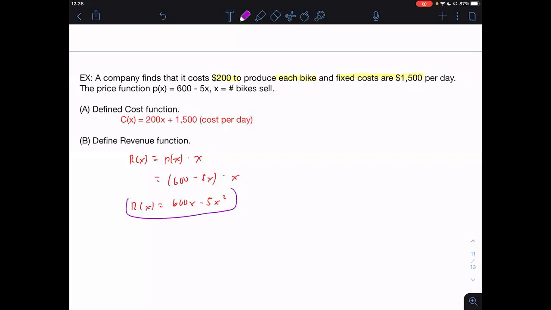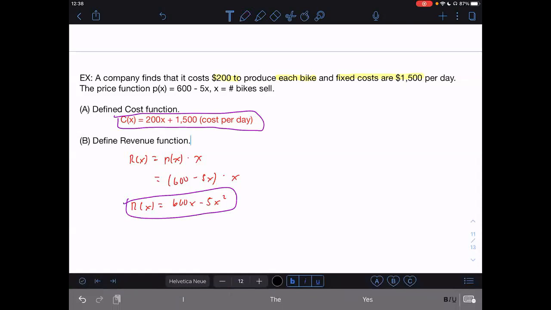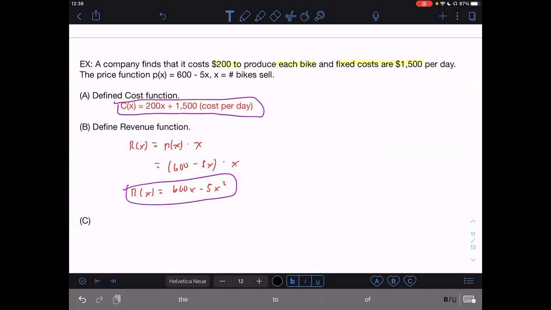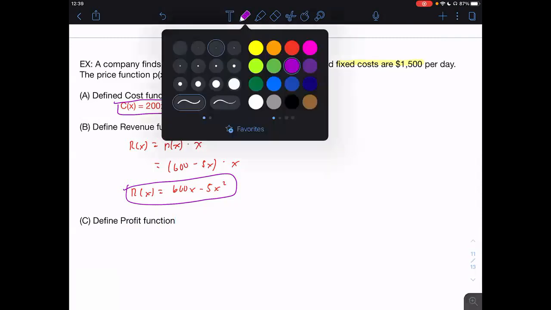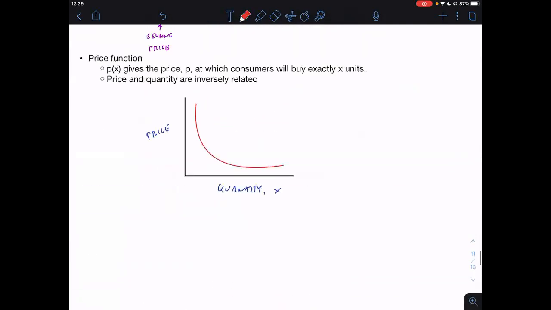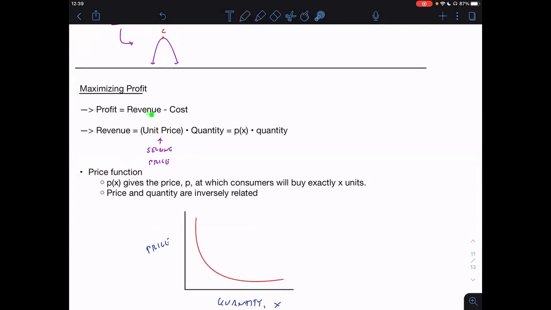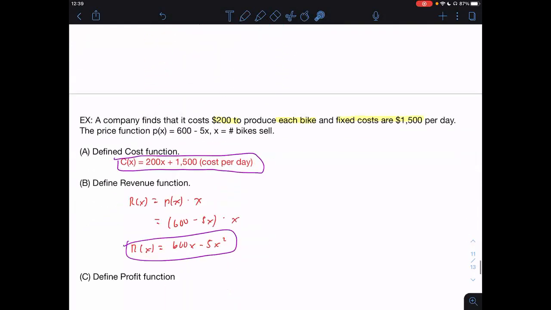So here we have our revenue function, and here we have our cost function. Now for part C, now that we have the cost and the revenue function, we need one more function to define, and that's the profit function. How do we define the profit function again? Revenue minus cost.